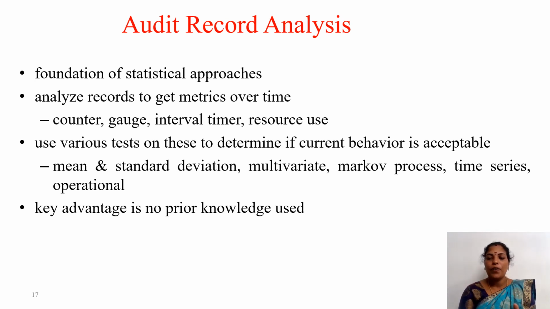We test based on the mean value or standard deviation, or perform multivariate correlation analysis, or apply a Markov process, time series or operational model, to test whether the current behavior is acceptable or not. The key advantage of audit record analysis is that no prior knowledge is used in the analysis process.